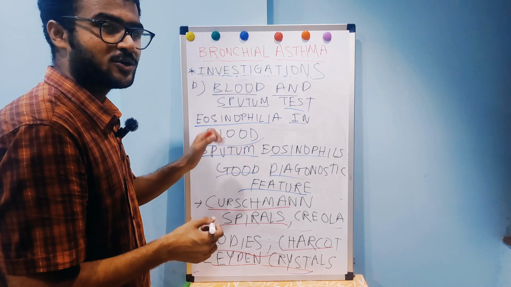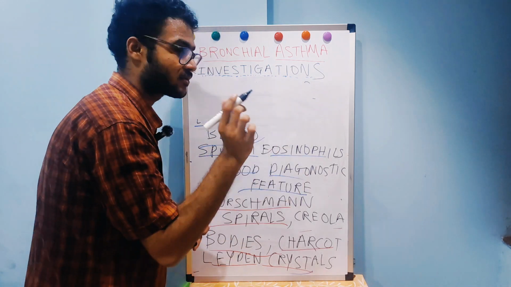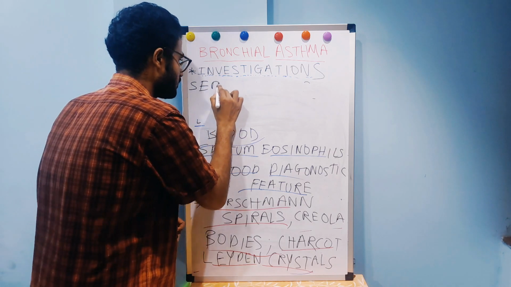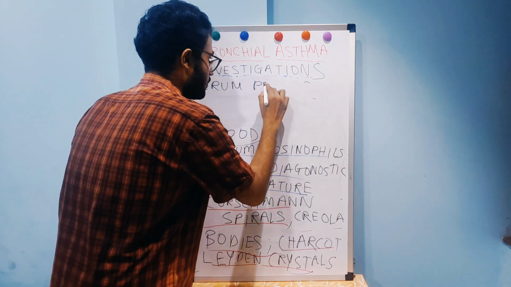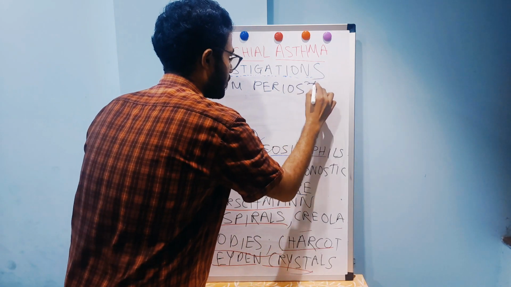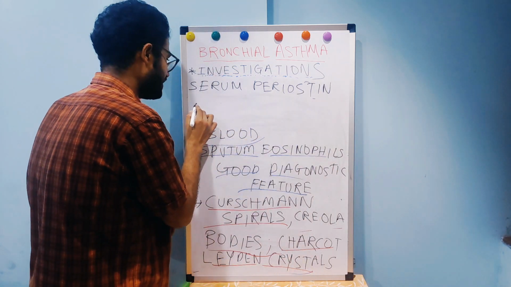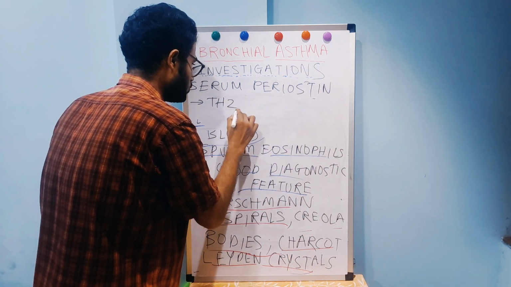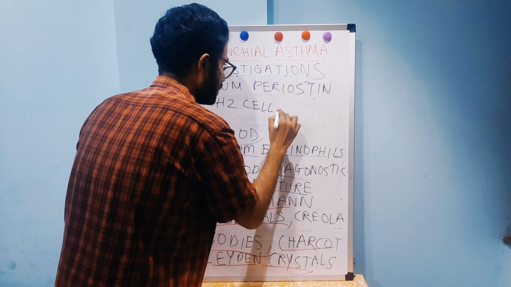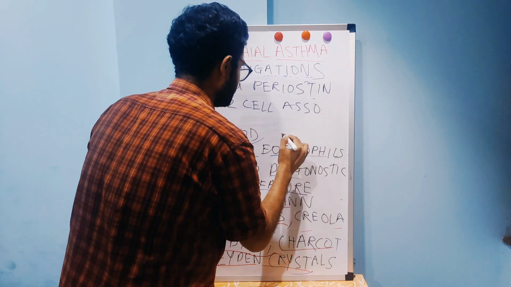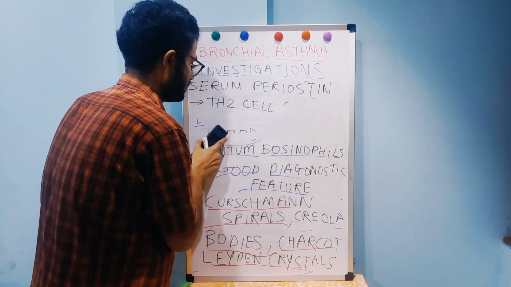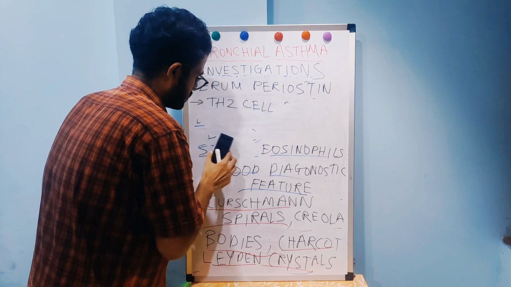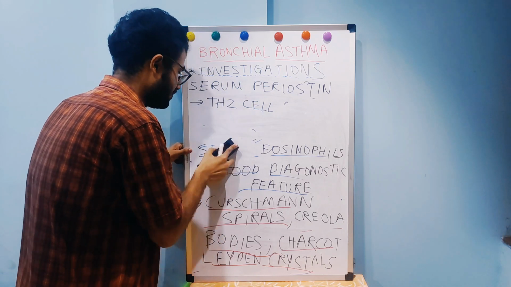So now I would be talking about serum periostin. It indicates T helper 2 cell associated inflammation.